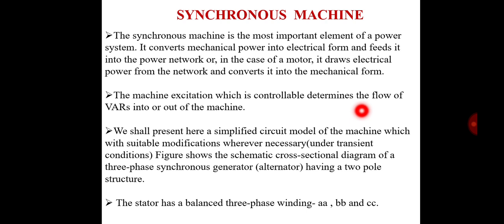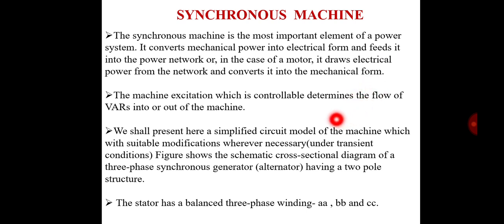So the magnetic field is cut by the conductor and EMF is produced in the conductor. Electricity is fed into the network and we use it easily.